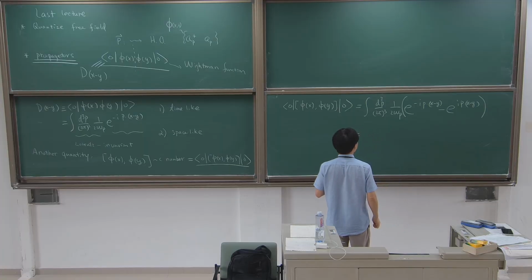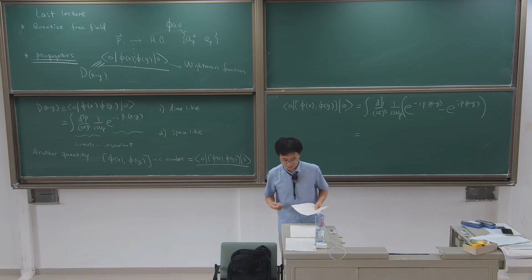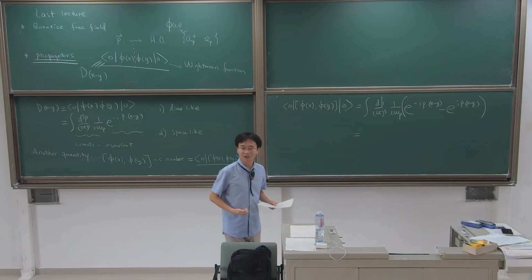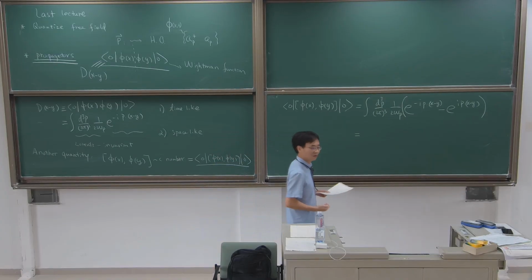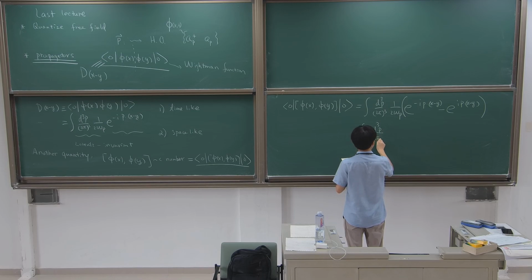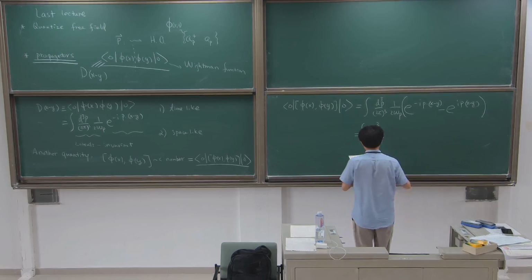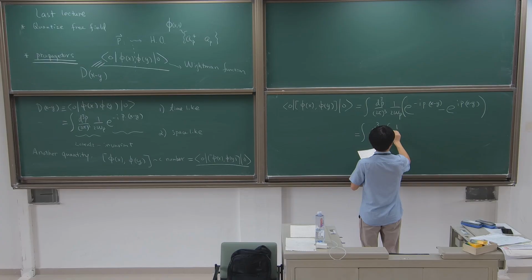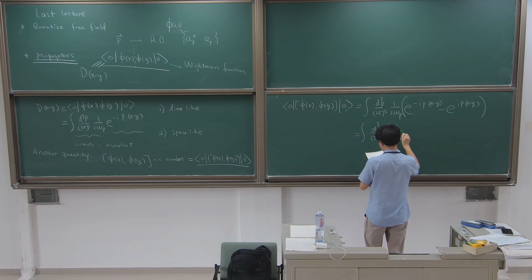It's straightforward. But in order to make everything elegant, here we try to employ what we learned from complex analysis, contour integral. So the observation is this integral can be written in a particular form.